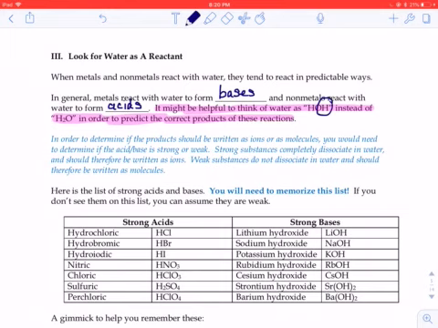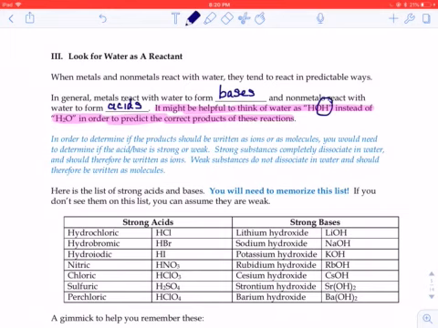The key thing in these reactions, like all net ionic reactions, is you need to know what substances you write as ions, which things are soluble, and which things are insoluble. So you have your solubility rules, but acids and bases have their own special set of rules in addition to the solubility rules that you're going to learn.